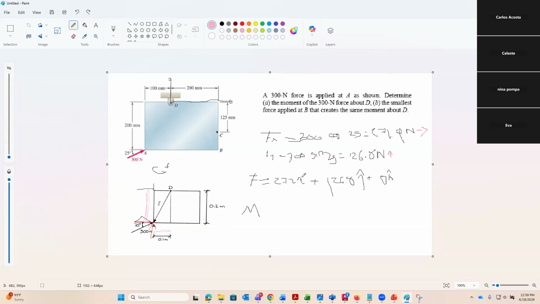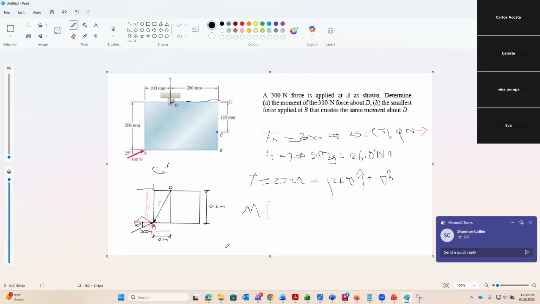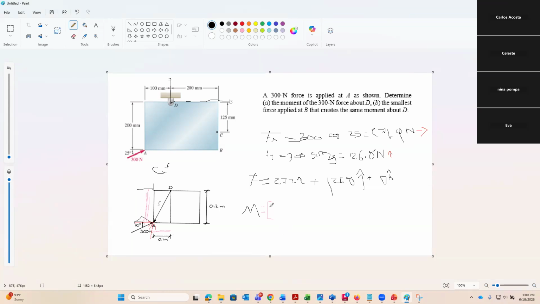The moment is also a vector. 272 is in X direction, remember. 272 times the distance. So this is newtons or pounds. Yeah, newtons.